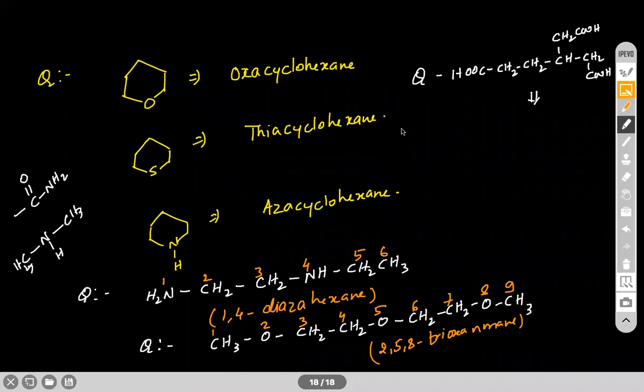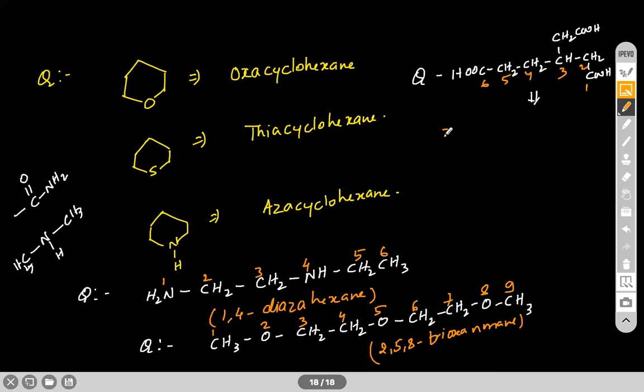The last one, what is the name? See, the numbering will start from this carbon: 1, 2, 3, 4, 5, 6.